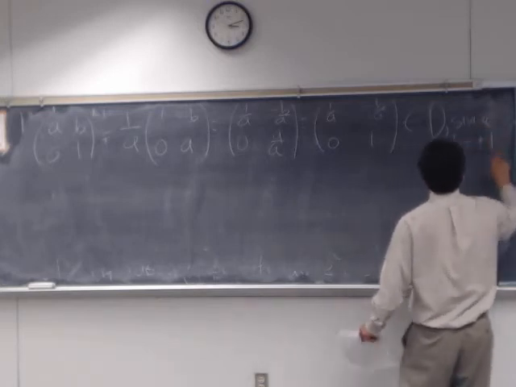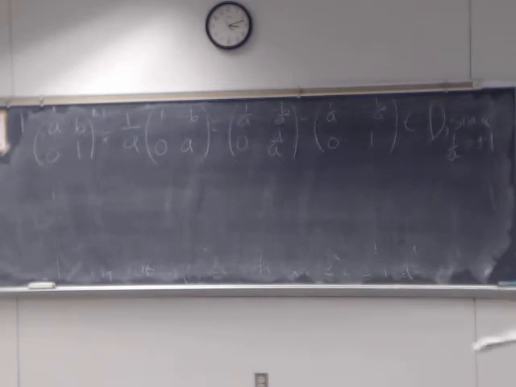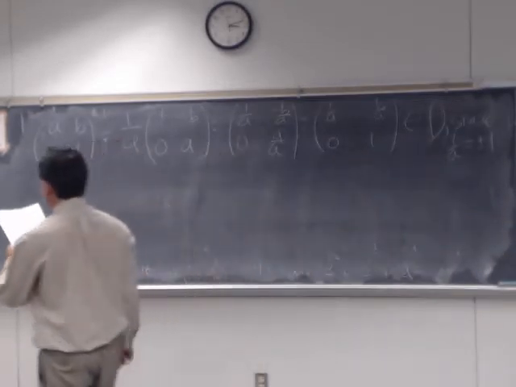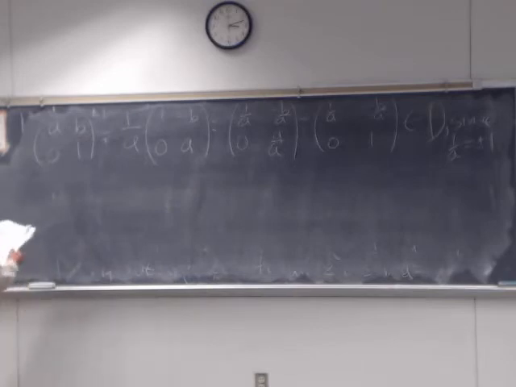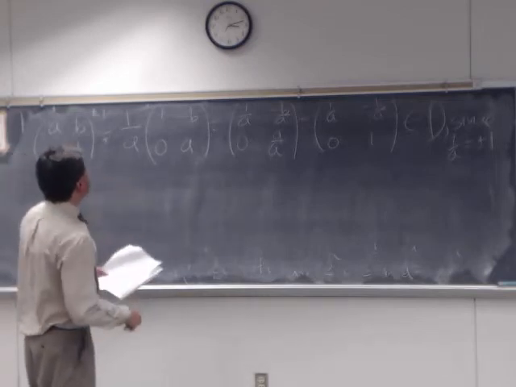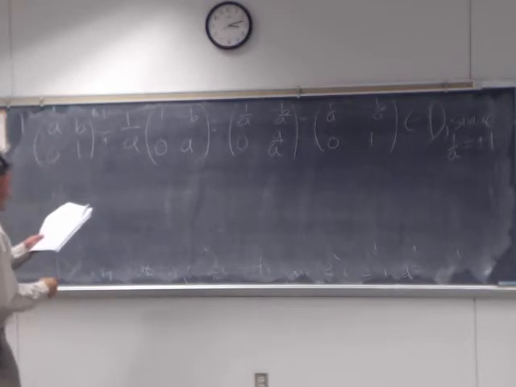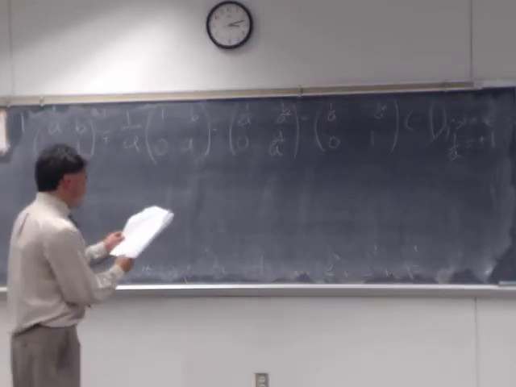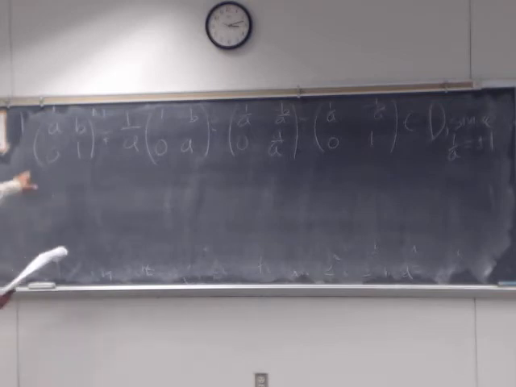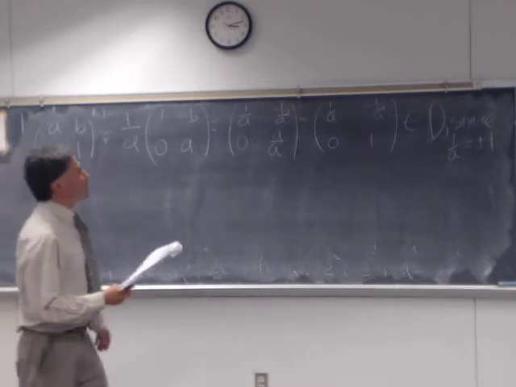Since A is plus or minus 1, the reciprocal of 1 is 1 and the reciprocal of minus 1 is minus 1, so the reciprocal would be plus or minus 1. So it has an inverse. What about the identity? We already know that this product has to be the identity.